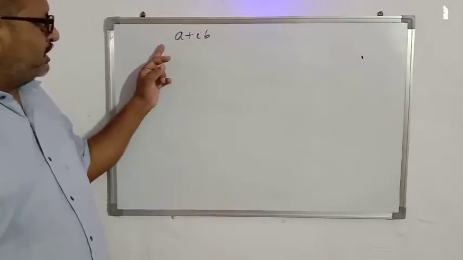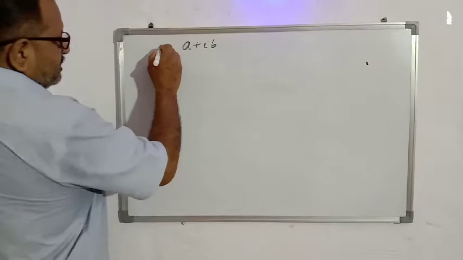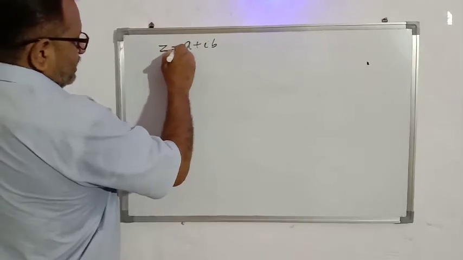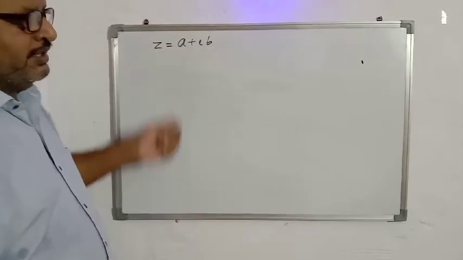A complex number is of the form a plus ib and it is denoted by the letter z.